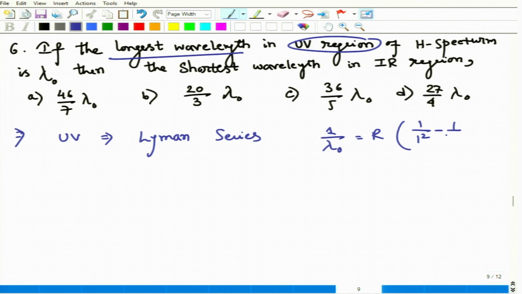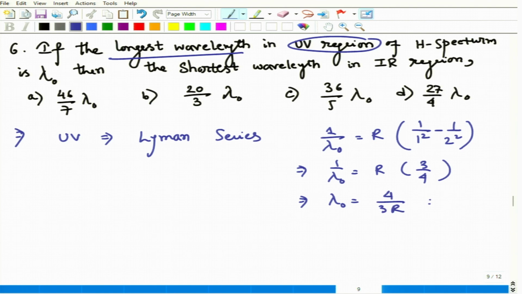Now the longest wavelength means the shortest energy, right? Shortest energy should be n equals 2 square. So it is 1 by lambda naught, that means it is actually 3/4 R. So lambda naught we find is 4/3R.